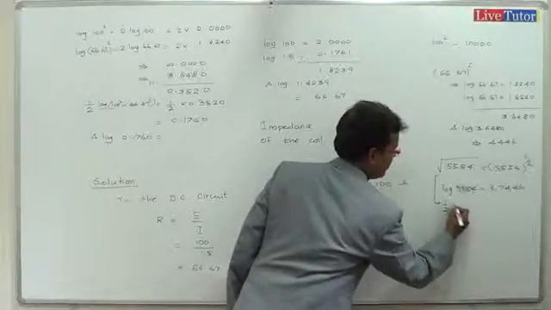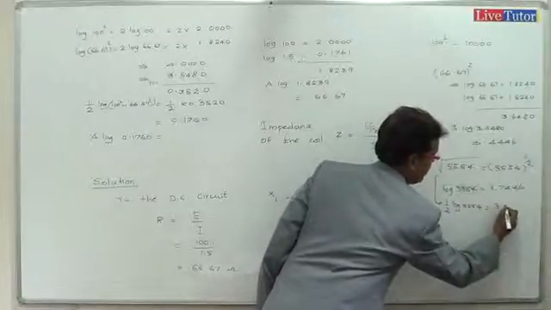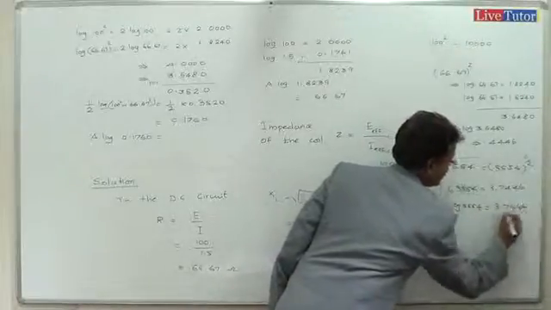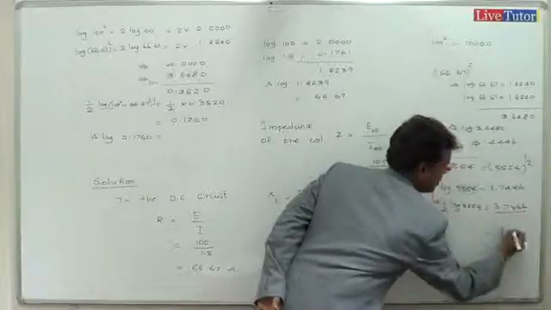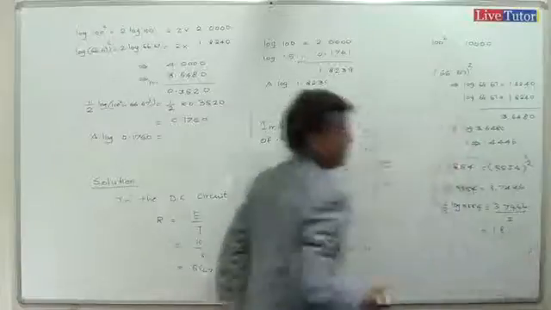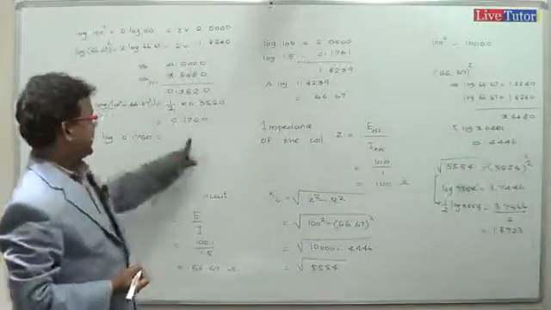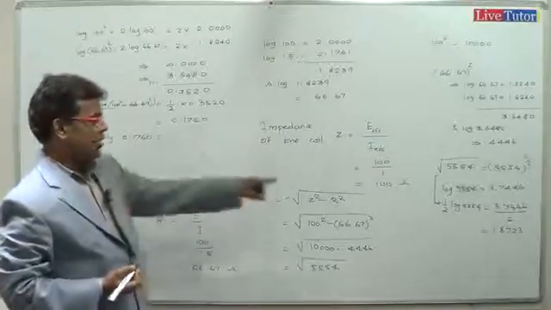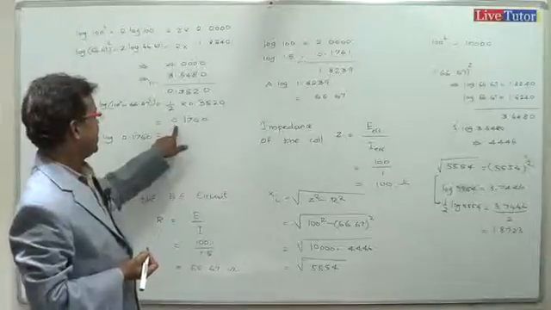Half of log 5554 is nothing but 3.7446 by 2, which is 1.8723. You should get like this. This value should be 1.8723. Somewhere there is a mistake here. You check it out later.